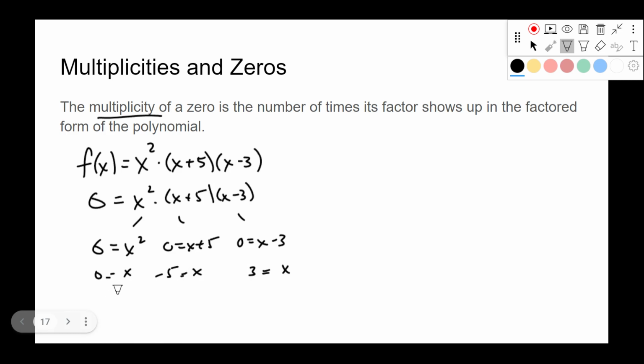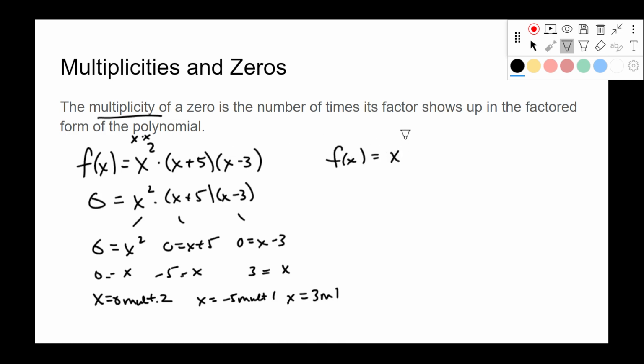Now their multiplicities is how many times that factor was there. So the 0 has a multiplicity of 2 because x squared means x times x, which means it showed up twice. x equals negative 5 has a multiplicity of 1. There's only one x plus 5 in this equation. The x equals 3 has a multiplicity of 1 as well. There's only one x minus 3 in that equation.